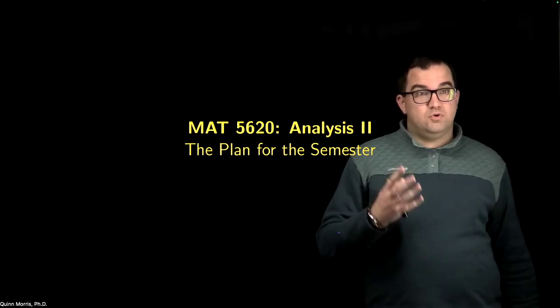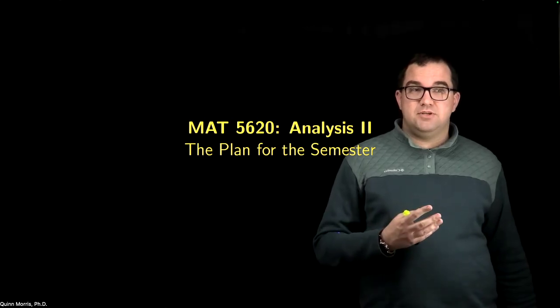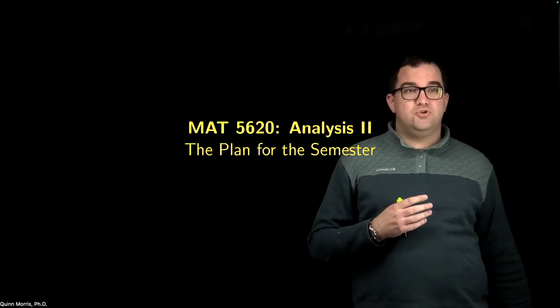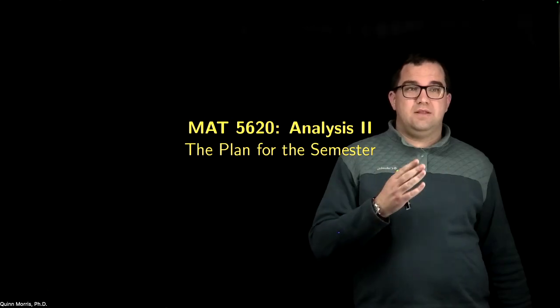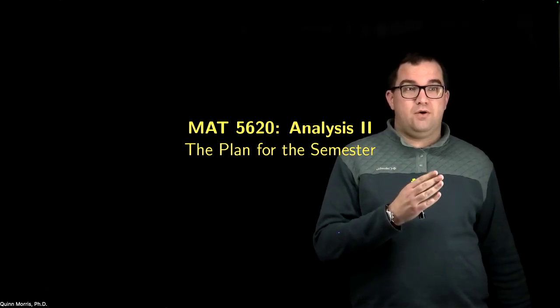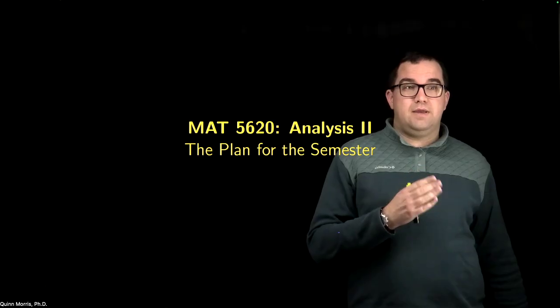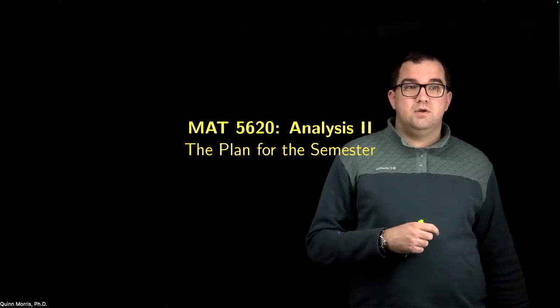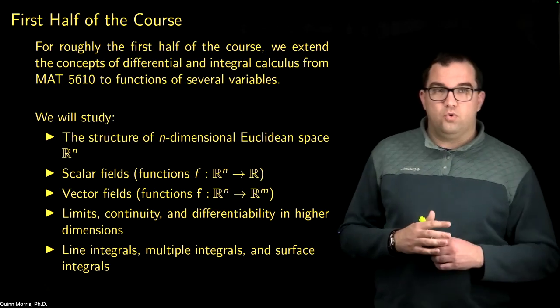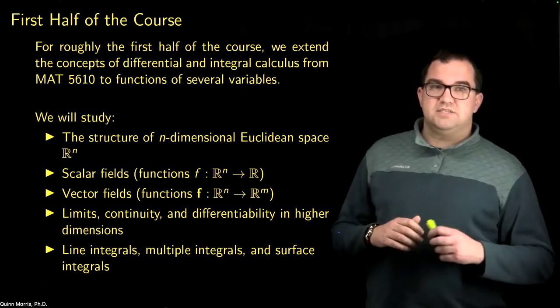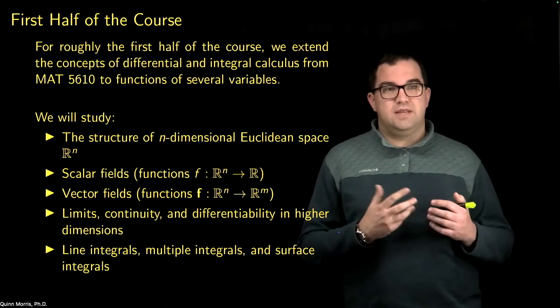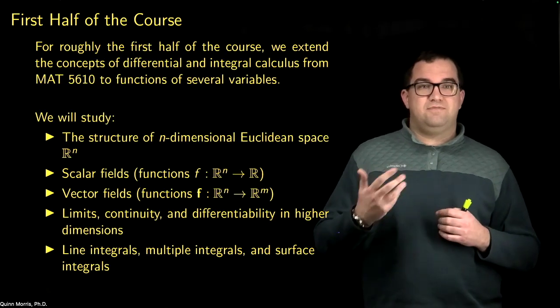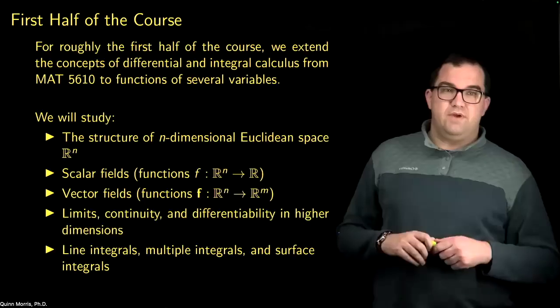Now, as far as a more specific plan for the semester, as I mentioned, you can think about breaking this into roughly 2 halves, and it will split more or less around the spring break period, which is March 9th through 13th. So in the first half of the course, we're going to extend those concepts of differential and integral calculus that we learned in Math 5610 to functions of several variables.